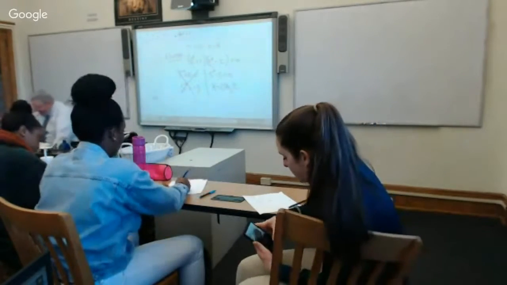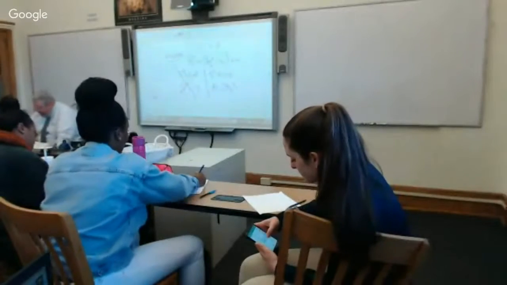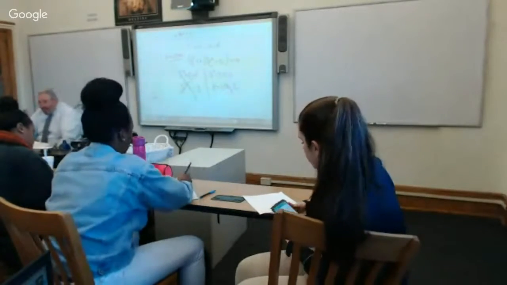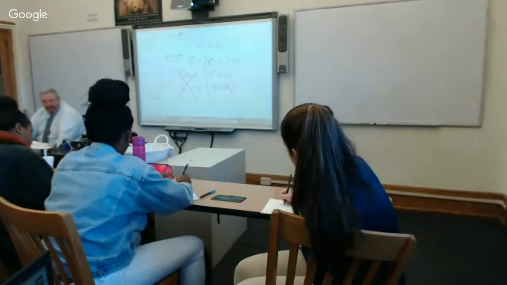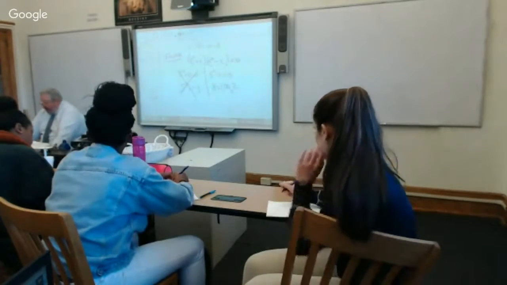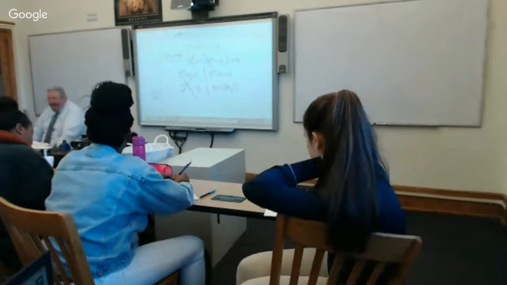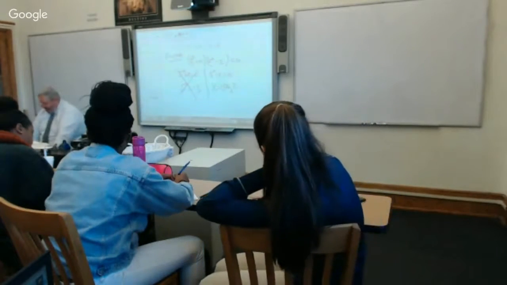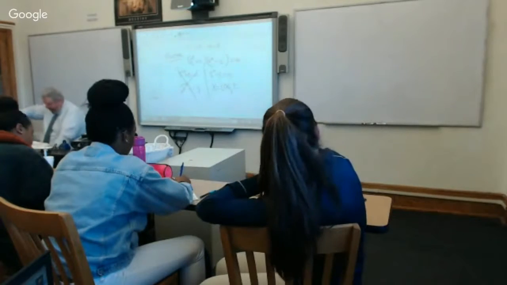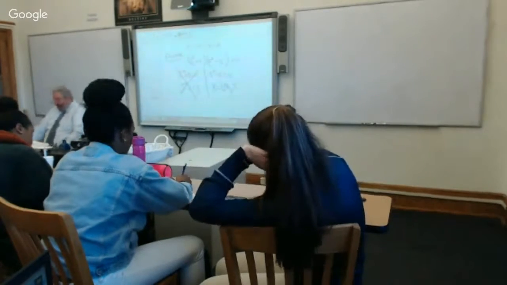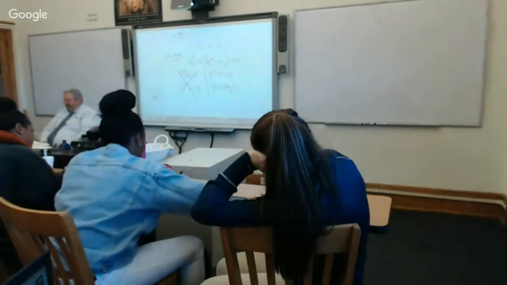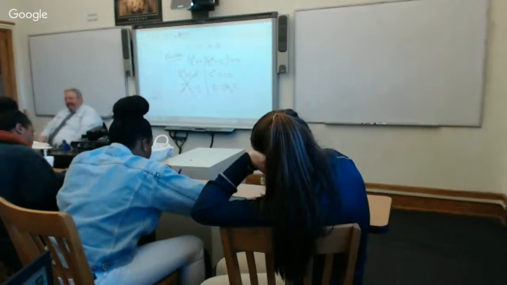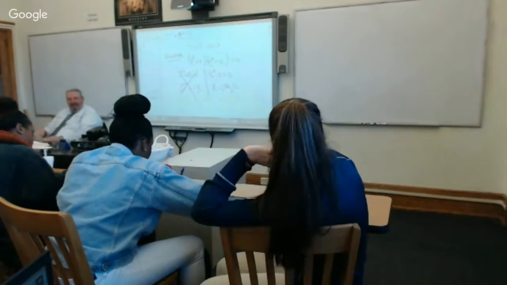All right, how about this one? 3 raised to the 0.1x power, minus 4 outside there, equals 5. You should be able to give me an exact answer without a calculator.